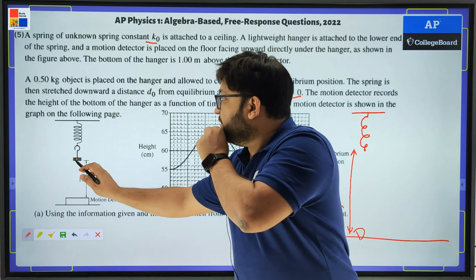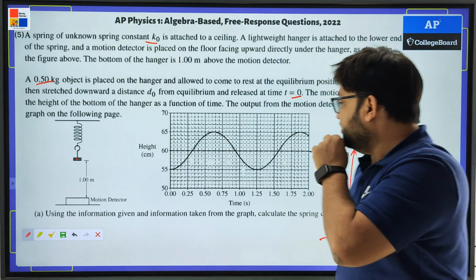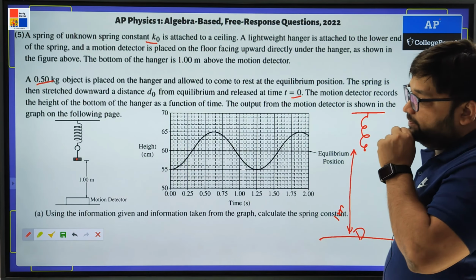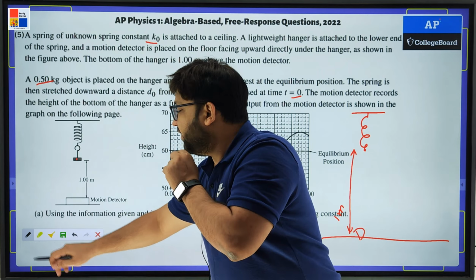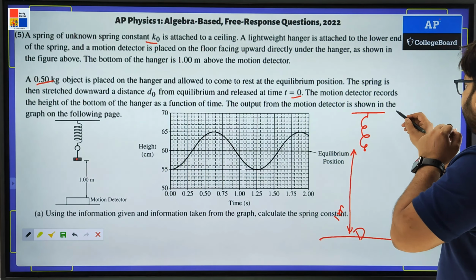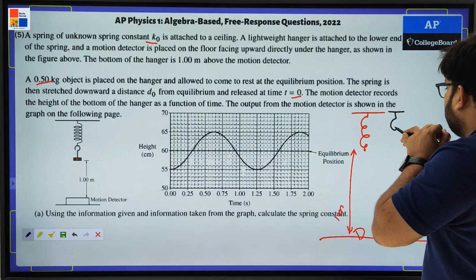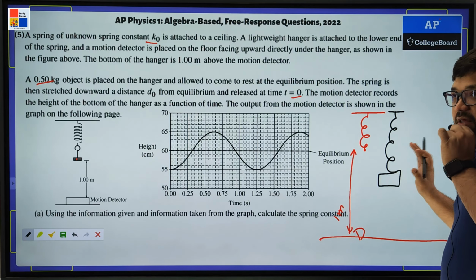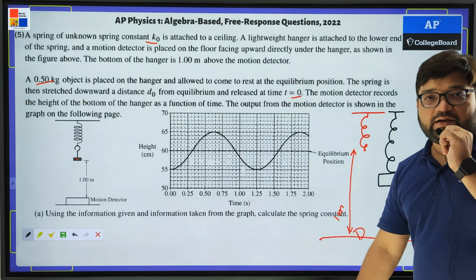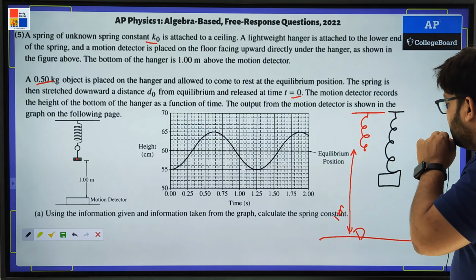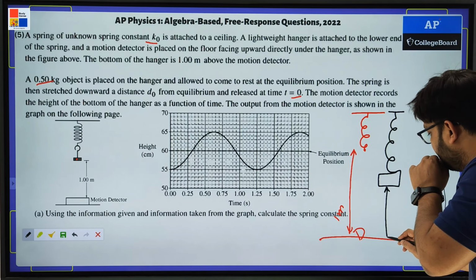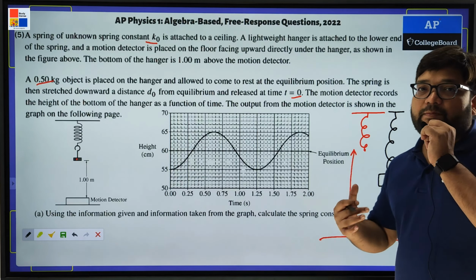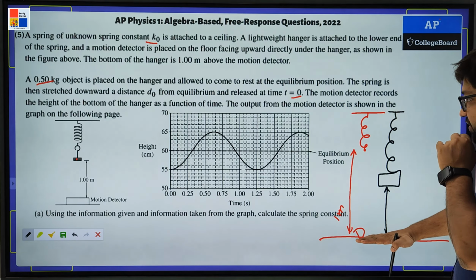Once you attach the mass 0.5 kg and simply release it, the weight of the mass will pull down the spring by some amount and the mass will rest like this. It is simply hanging down, right? This height is the equilibrium height from the detector level.